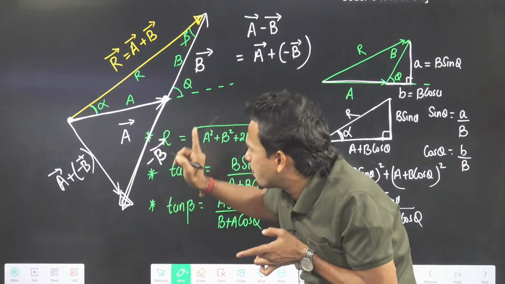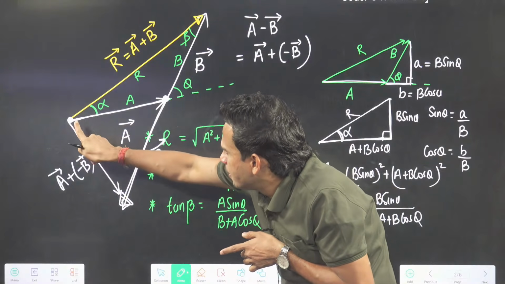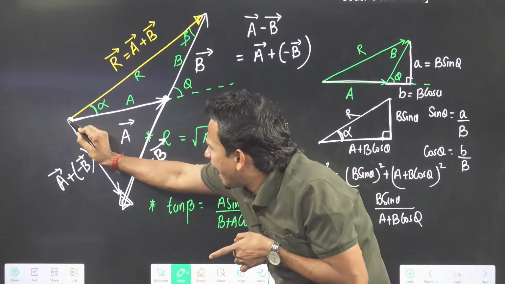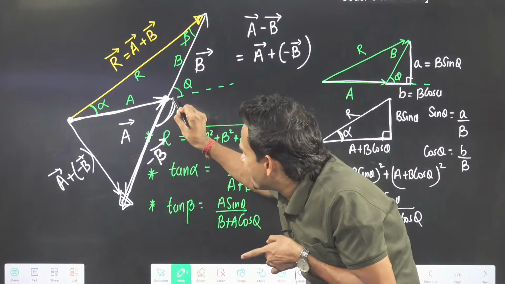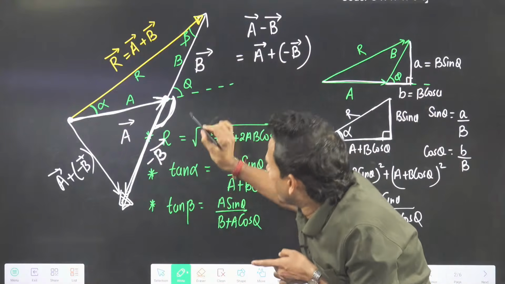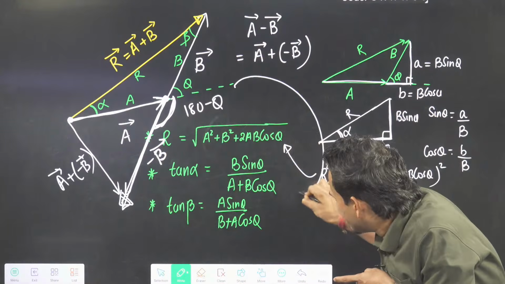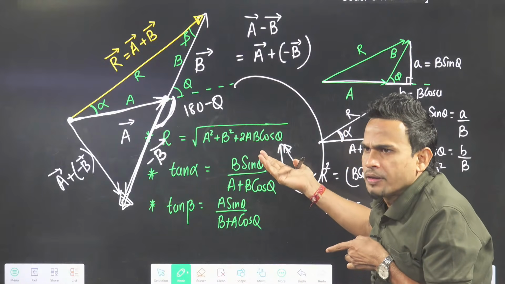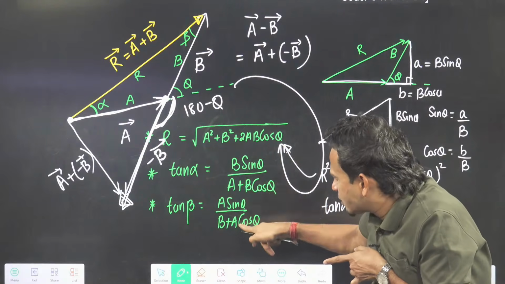All these things are not important. Only one thing is important. The angle between the vectors will change, because you are adding A bar and minus B bar. The angle between A bar and minus B bar will become 180 minus theta. And cos 180 minus theta is minus cos theta. Everywhere minus will start coming.